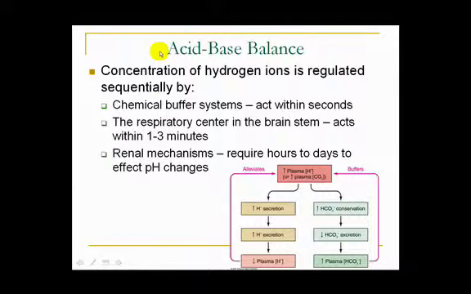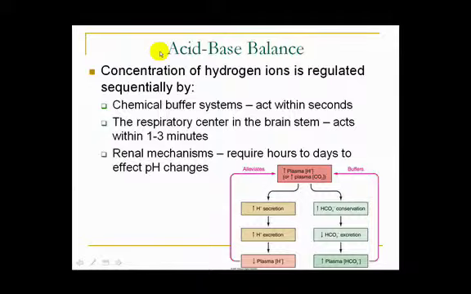And the way that you regulate the concentration of hydrogen ions, which is how you measure pH, we learned that you have chemical buffers in your blood, and those react within seconds. Now if those become overwhelmed, then your respiratory system will kick in, and you've learned that you can regulate pH by changing your ventilation.